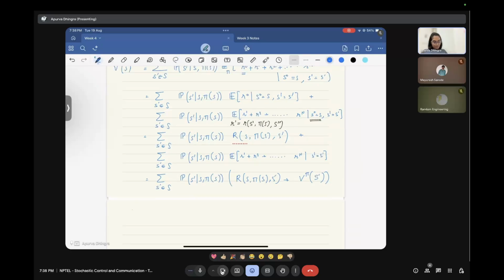So v star, or the optimal value function for any s, is you maximize. Remember, we are talking about reward here, that's why there's a maximize. You're maximizing over actions, depending on whichever state we're talking about. So action coming from A of s.